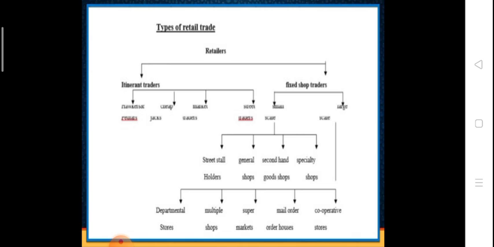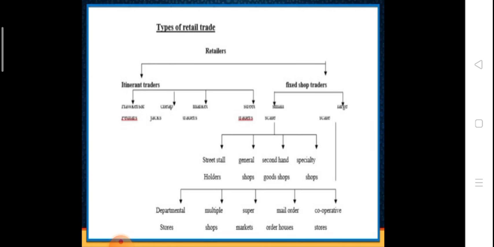Itinerant means traders who do not have a fixed place, like cheapjacks, hawkers, peddlers, street traders, market traders. These are people who sell their goods by moving from one place to another. That's why they are known as itinerant traders.